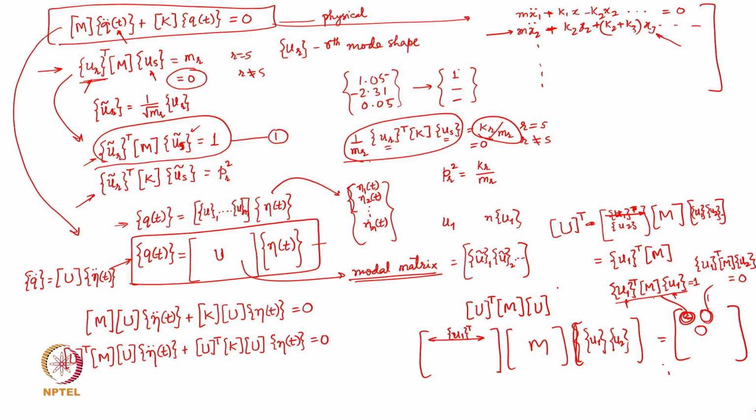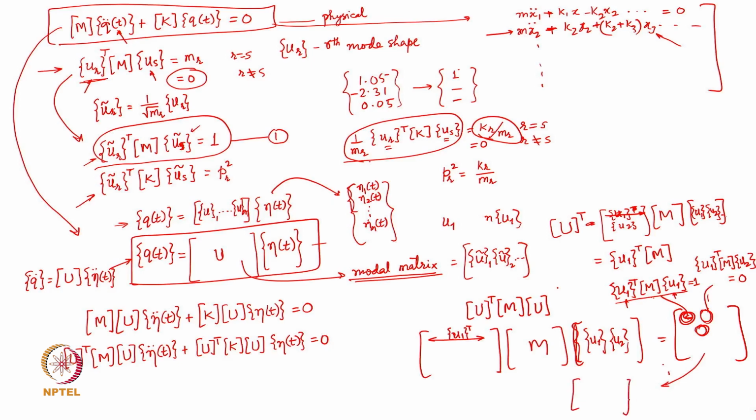And whenever you have the two vectors being identical, the second diagonal element is going to be U2 transpose mass matrix times U2, and that is going to be equal to 1. So, you can think about it and work this out.